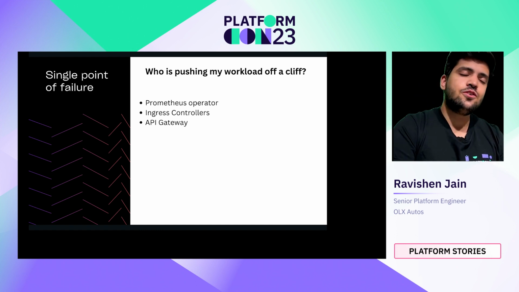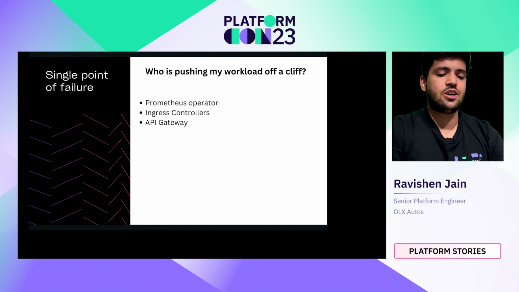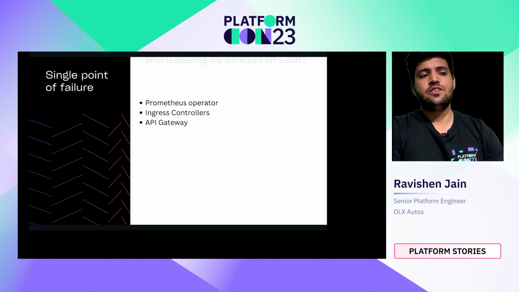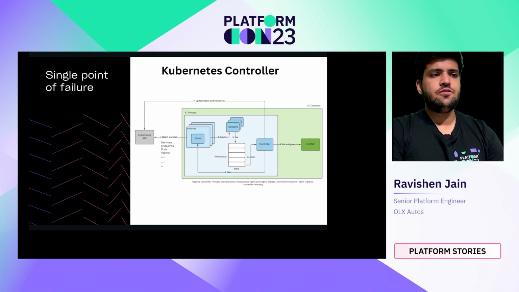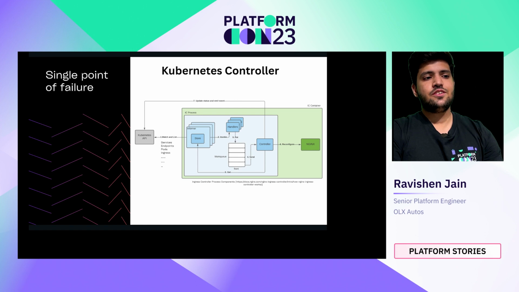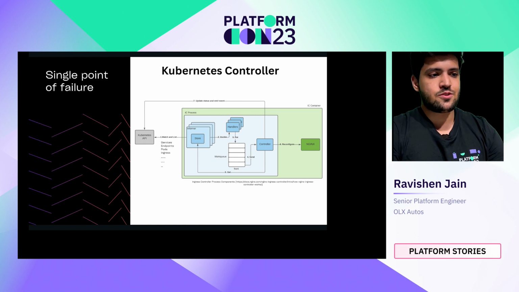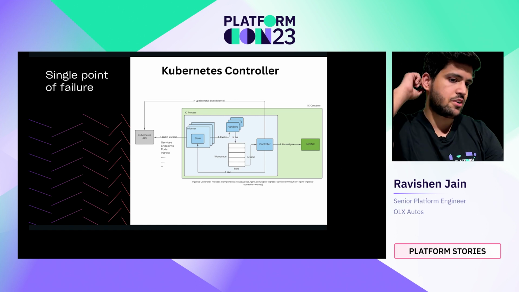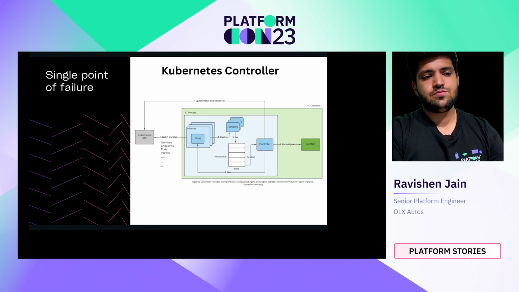So to understand this issue, let me refresh your memory about how a Kubernetes controller works in general. Every Kubernetes controller uses informers to apply a list watch on one or more Kubernetes resources, right? This is the image which I took from the Nginx controller's documentation on how a controller works.